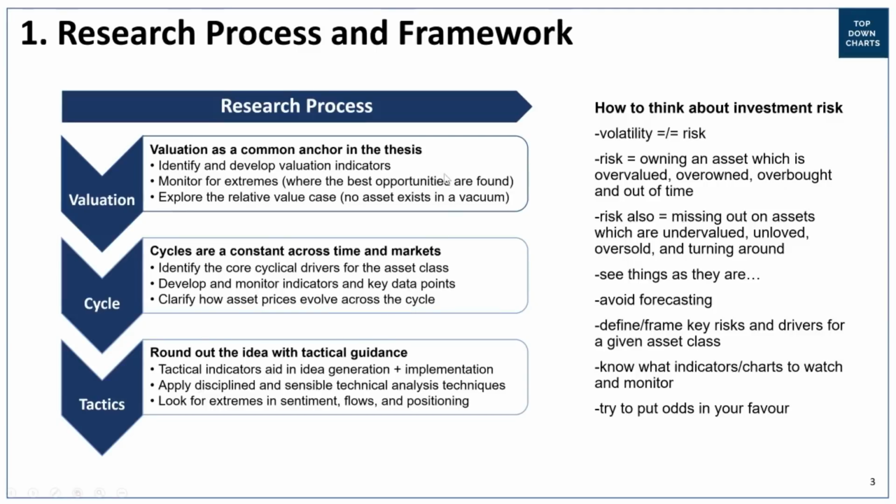Speaking about the process or the focus, this is an overview of how we go about assessing risks and opportunities across the various asset classes and markets. Typically we start with the valuation view, or valuation as an anchor.